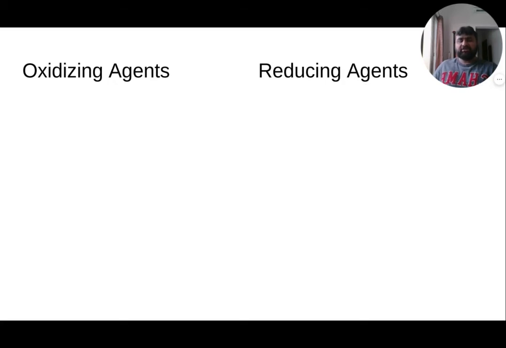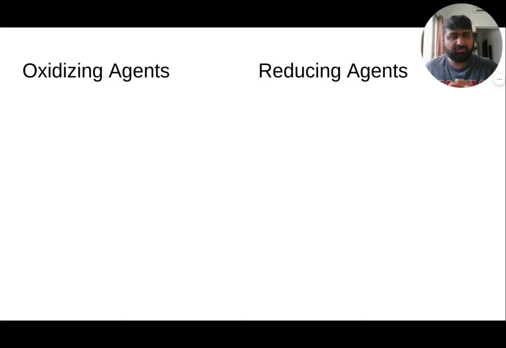Now, if an oxidizing agent is giving oxygen to someone, what is happening to itself? It is losing the oxygen from itself. So oxidizing agents will oxidize others, but what will happen to itself? It will reduce.